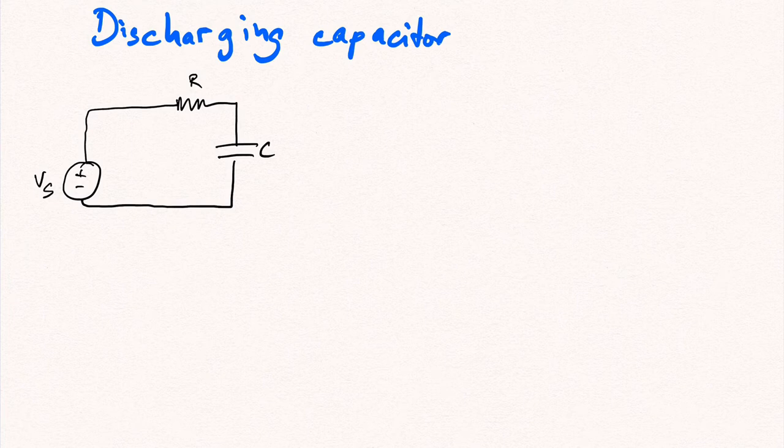Let's denote the current going through the capacitor as IC and the voltage across the capacitor as Vc. The voltage across a resistor is called VR. In DC circuits, a capacitor acts as an open circuit.